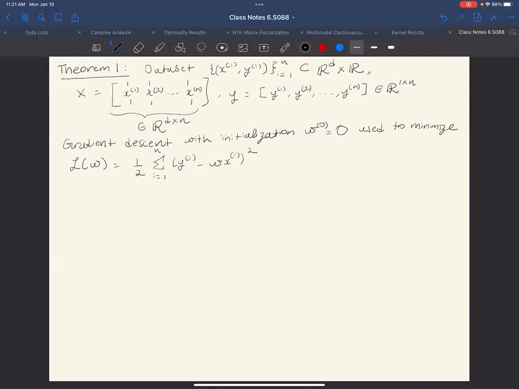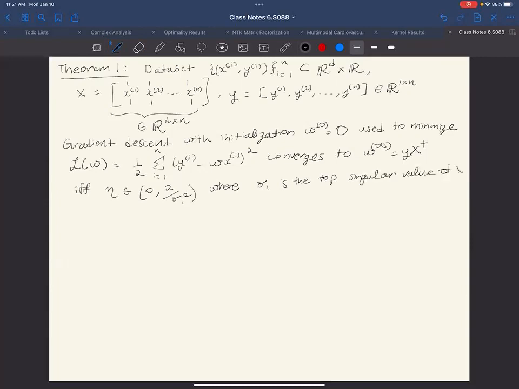This gradient descent algorithm is going to converge to the Moore-Penrose pseudo-inverse solution to this data if and only if this eta term, this learning rate, is in this interval, 0 to 2 over sigma 1 squared, where sigma 1 is the top singular value of x.